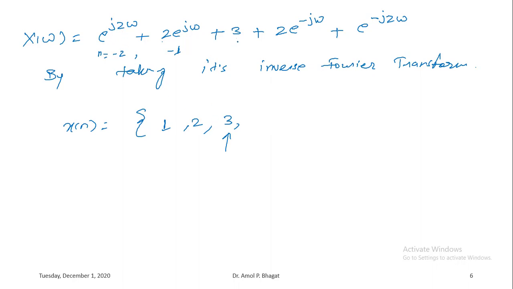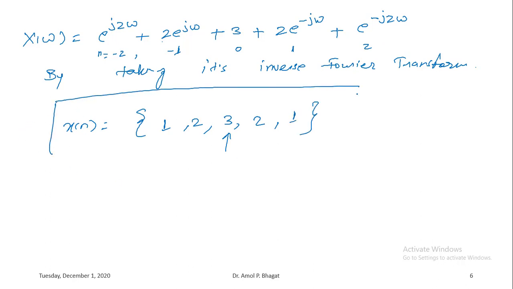So at n is equal to 0 it is 3, at n is equal to 1 it is 2, and at n is equal to 2 it is 1. Okay, so this is nothing but the required convolution result of the given two signals, that is x1 of n and x2 of n. Okay. So this x of n is nothing but the inverse Fourier transform of x of omega.